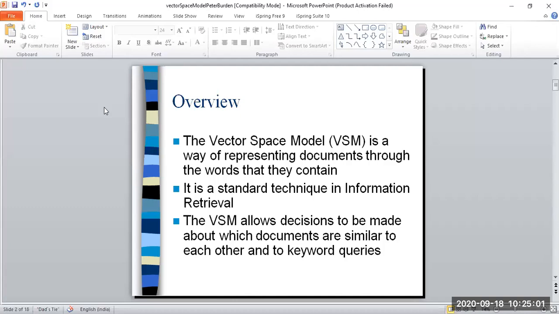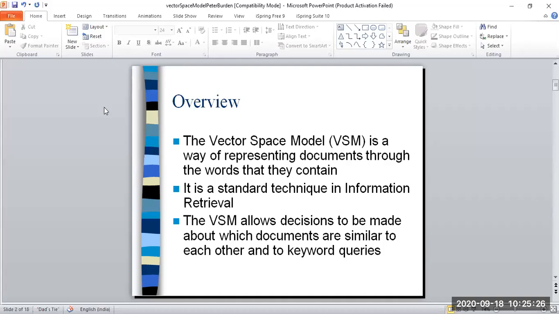That depends on the technique we are using, so sometimes the vice versa will happen. If the two vectors are totally different, the similarity coefficient value will be 0, and if the two vectors are totally identical, the similarity coefficient value will be 1.